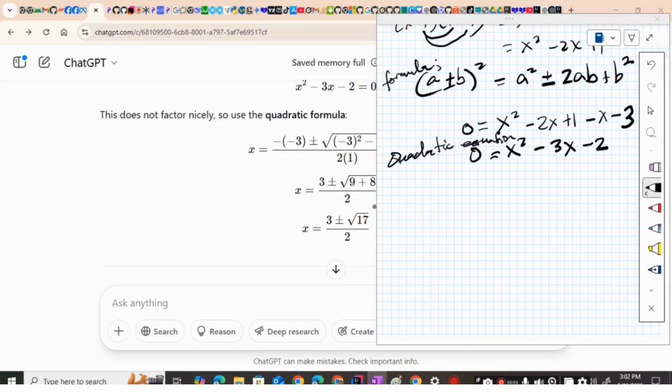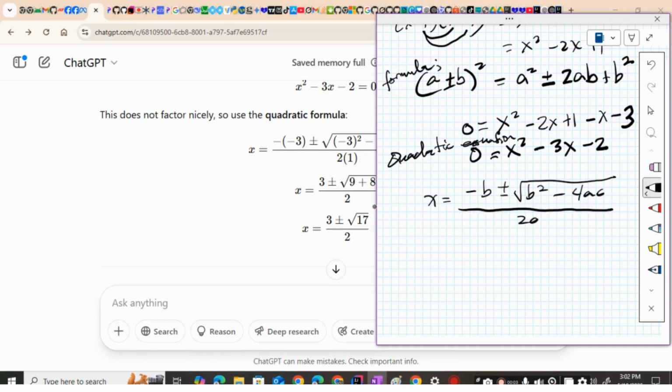Well, it looks like the quadratic formula will suffice. So we write first the quadratic formula: x equals minus b plus or minus the square root of b squared minus 4ac, over 2a. Now we identify that a here is 1, the b here is negative 3, and the c here is negative 2.